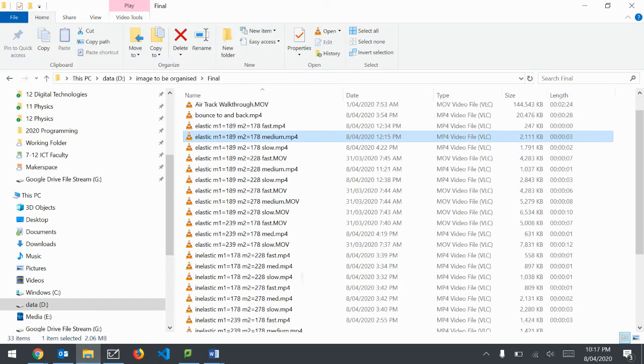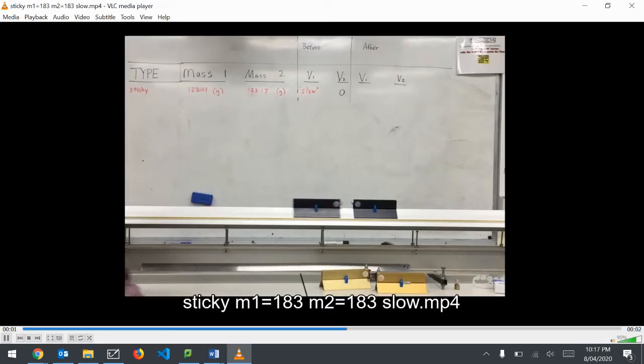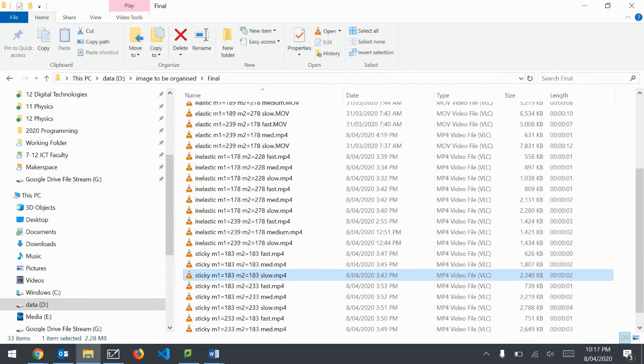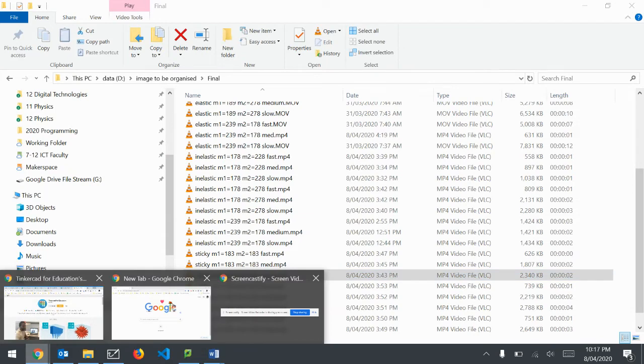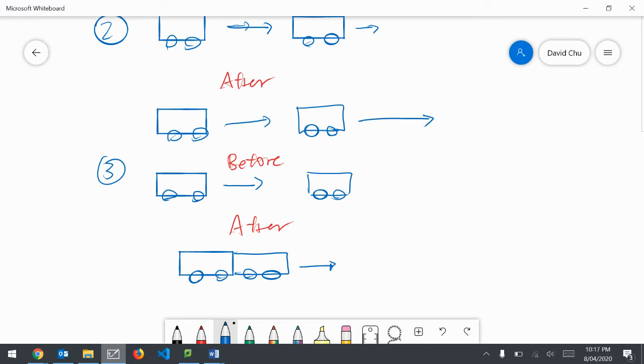This can be seen in this case here. Now for each of these, because you are excluding any external force, momentum should be conserved. That's something we're going to exploit.